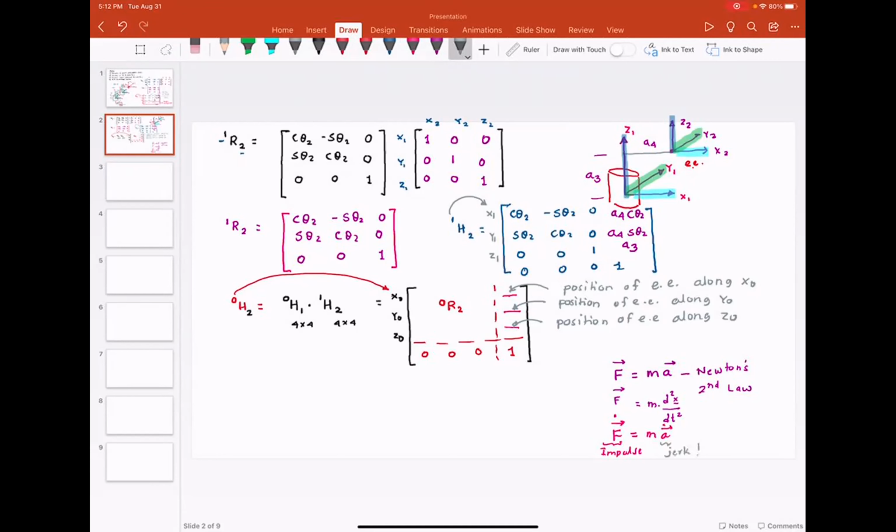This is the perfect time to introduce Radkar's first law. That goes like this. Sometimes to get things moving, you need a jerk. Sometimes to get things moving, you need a jerk, which means if your robot is stuck, what would you do? Take a hammer and hit it.